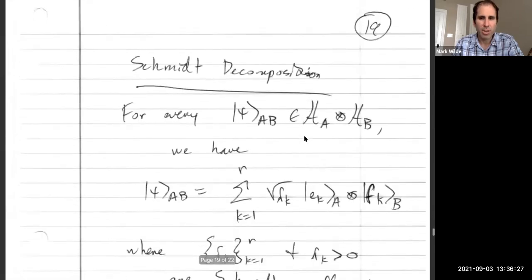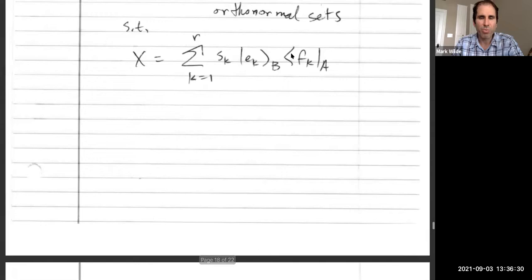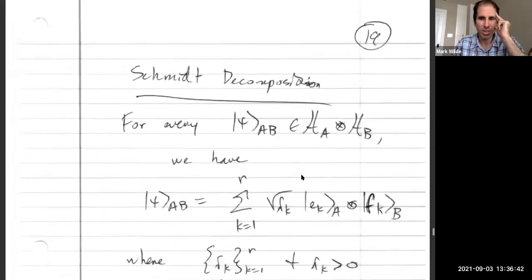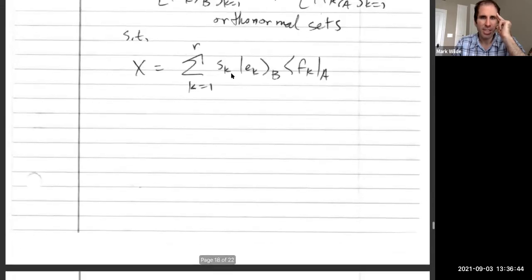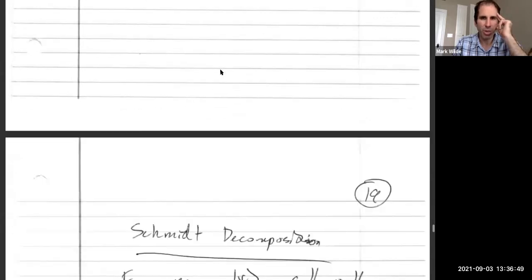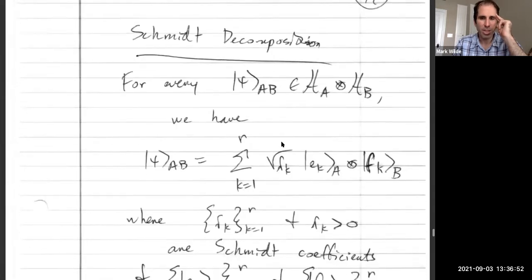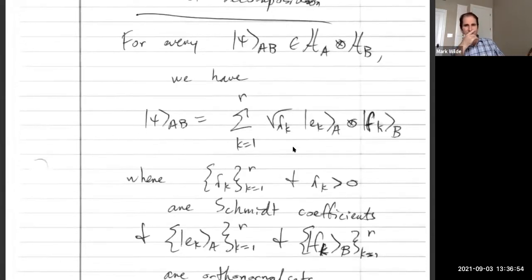All we did was we actually have to flip E and F. Sorry about that. So we have to flip E and F, and then we flip this bra to a ket, and then we get this right here. And these s_k are strictly positive, so we can take their square root, and we get these lambda_k's. Okay, so it's possible to do this for any bipartite vector.